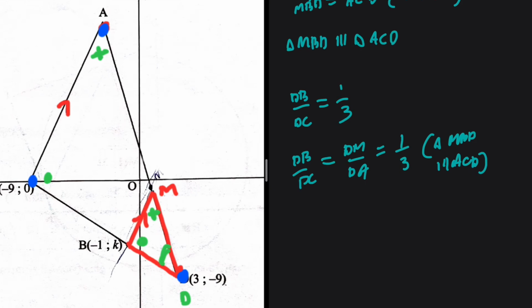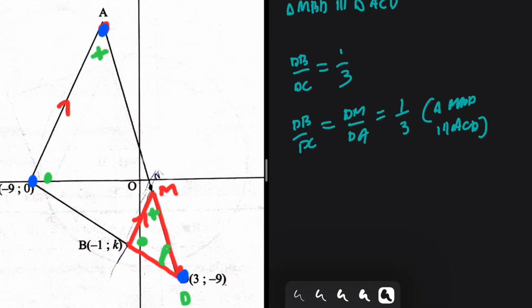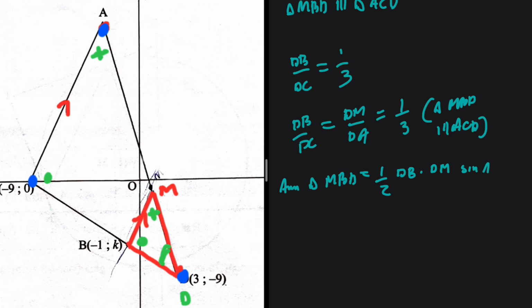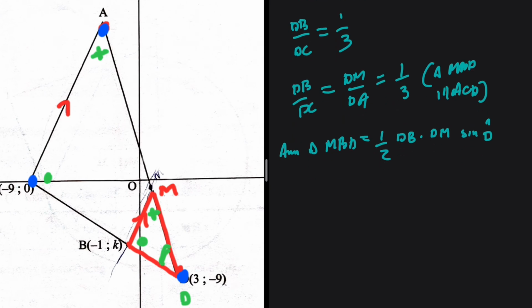But why are we doing that? Let me show you. We can say that the area of triangle MBD, the smaller triangle, is equal to half DB multiplied by DM, and then sine of angle D, because angle D is the angle that those two sides sandwich.